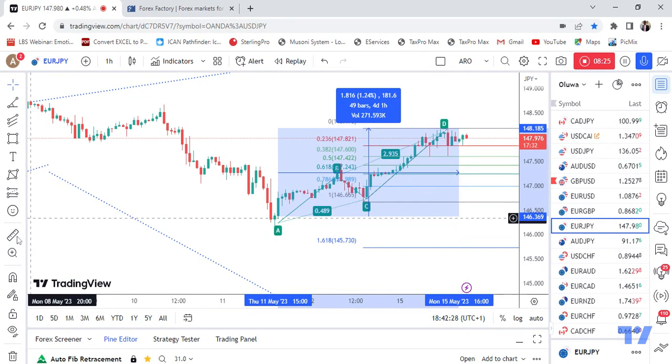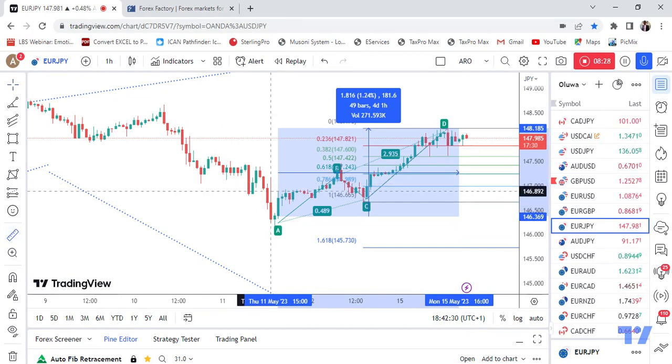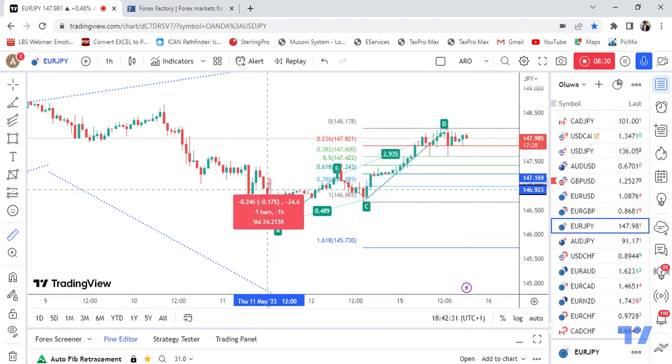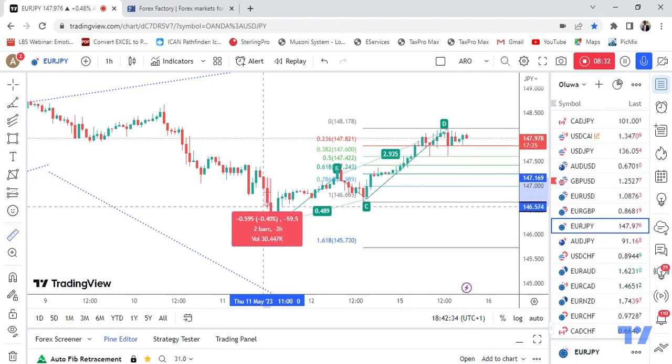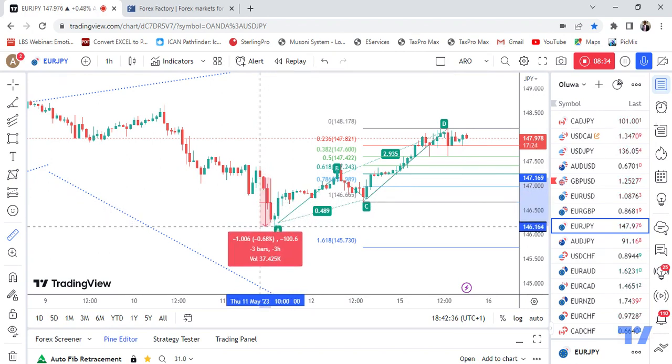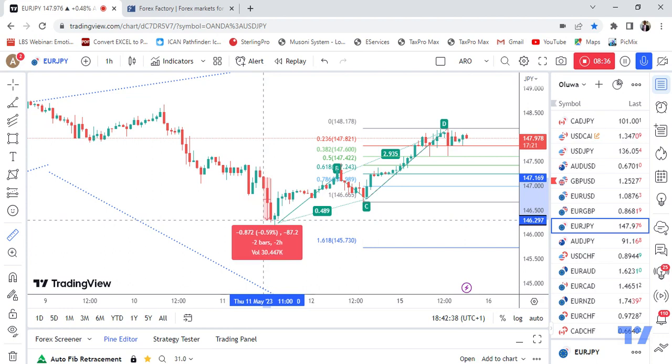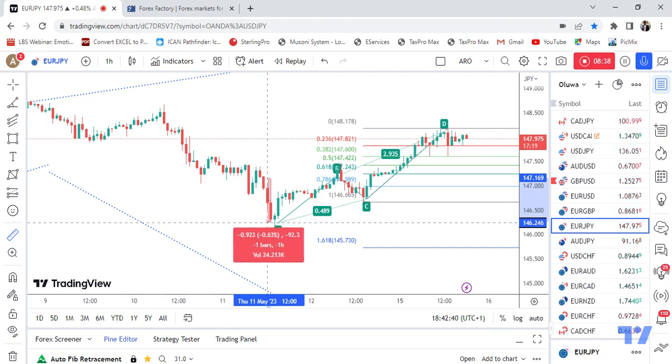If you want to measure only this particular candlestick now, you can use this to measure it from the height to the bottom here. So this is the bottom. In 1 hour, you can see the measurement. We are going down, not up.